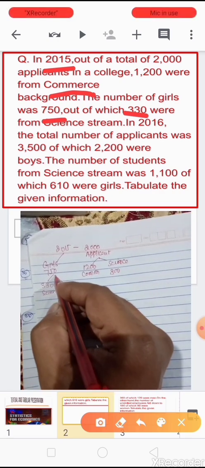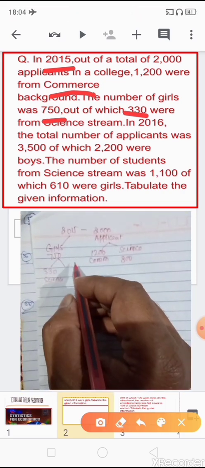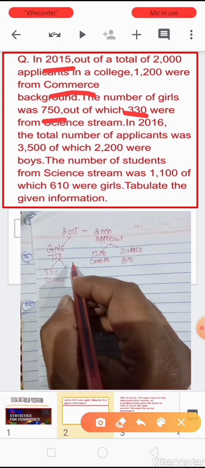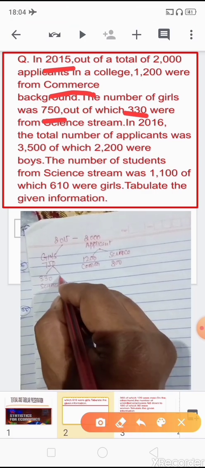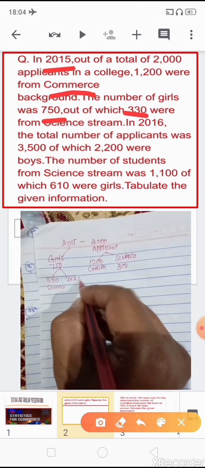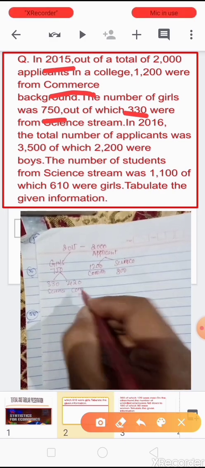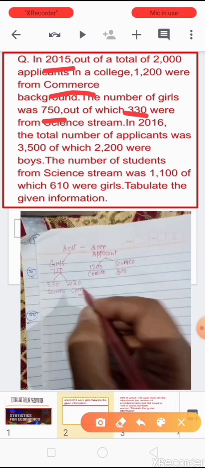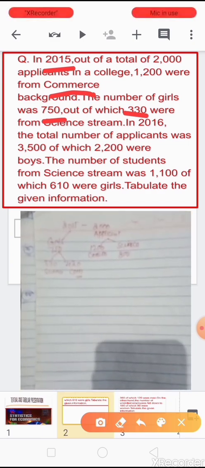So you find out that of the 750 girls, the remaining girls were from the commerce stream. So 750 minus 330 becomes 420 students. They belong to the commerce stream.